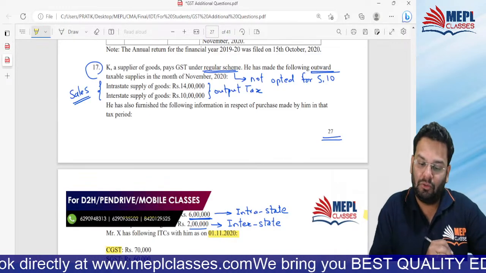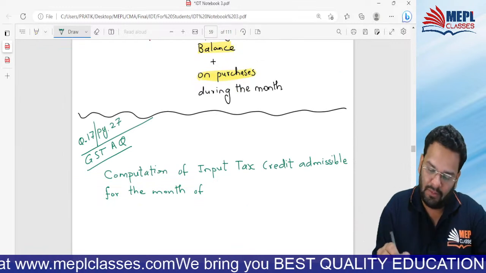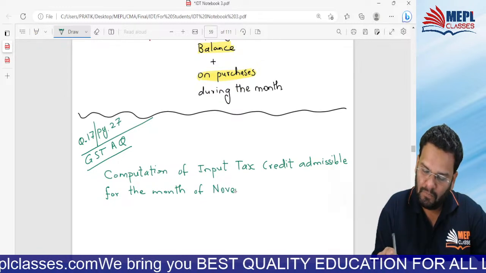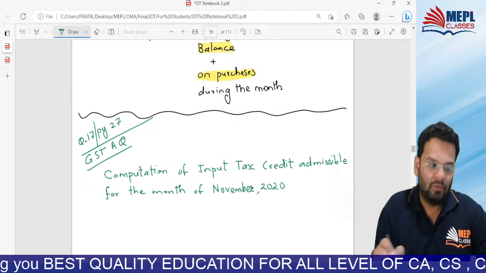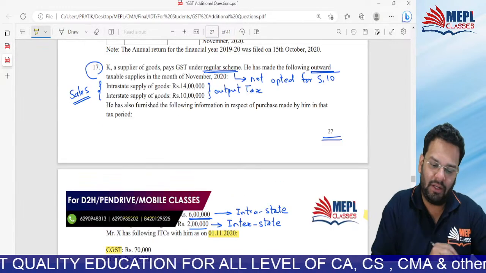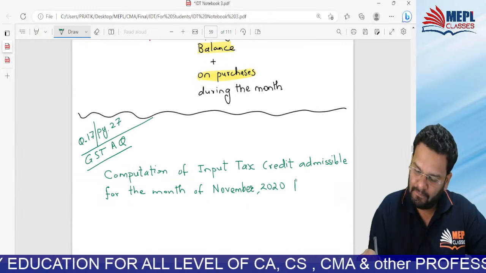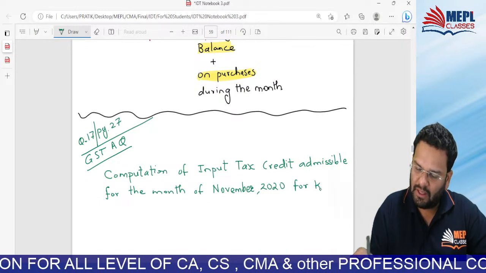We are talking about the month of November 2020 for K.